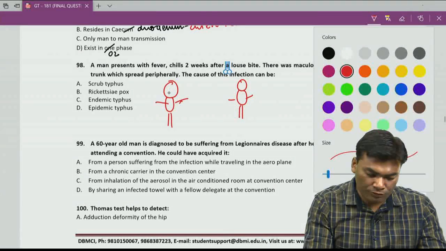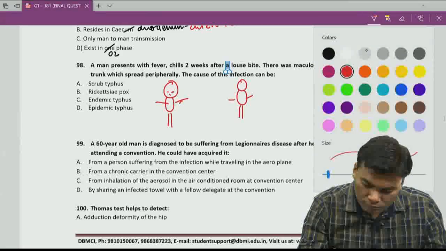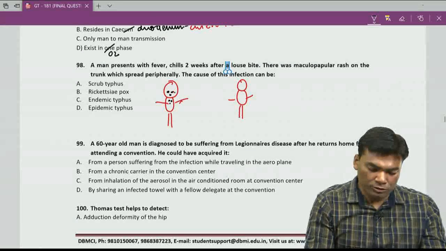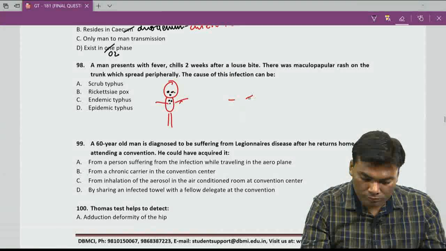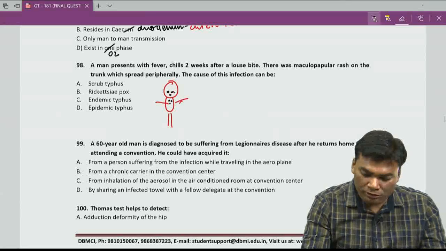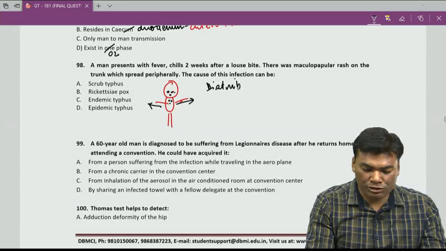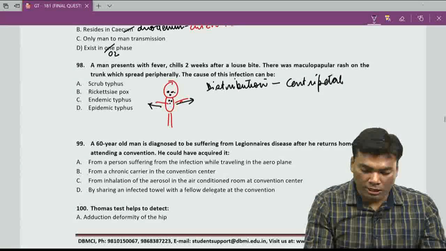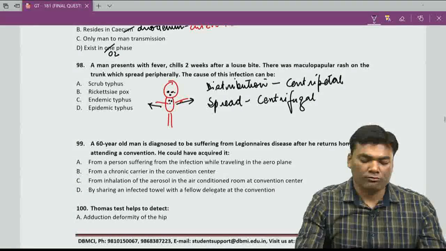the rash comes first on the face and the trunk, and later on this rash moves to the periphery, we call the distribution of this rash centripetal, and the spread of this rash centrifugal, right?